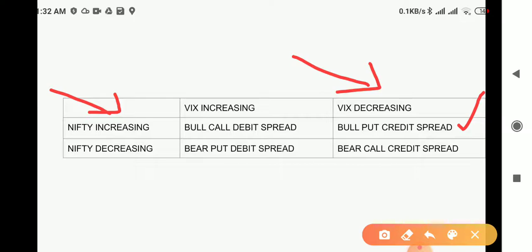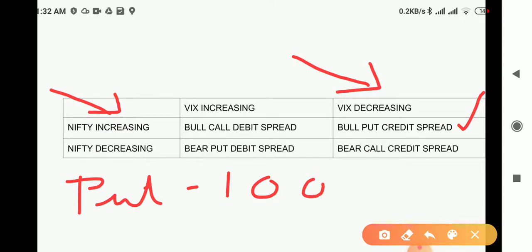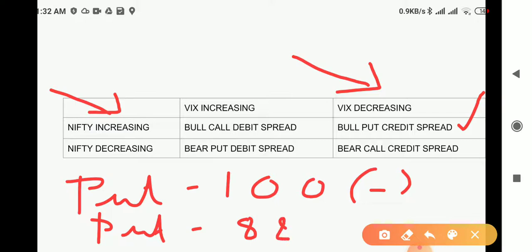Example, put price is 100 rupees, we need to sell it. Put price is 82 rupees, we need to buy. This is credit strategy, bull put credit strategy.